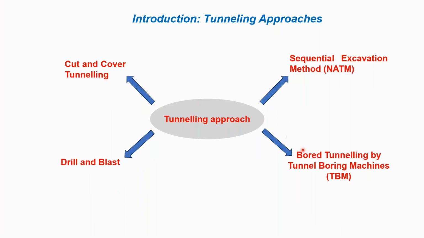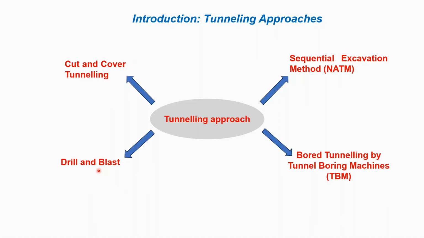And the third one is tunneling through tunnel boring machines. These machines provide a mechanized and highly efficient solution for long tunnels, particularly in urban environments where surface disturbance must be minimized. And finally, the conventional method of drilling and blasting for tunneling is predominantly used in rock masses. Excavation is carried out through repeated cycles of drilling, blasting, muck removal, and support installation.